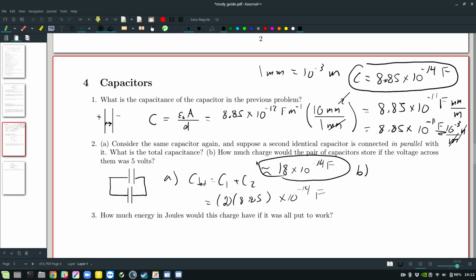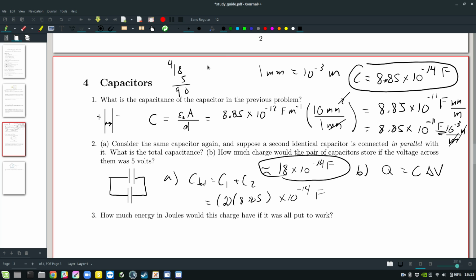For part B, how much charge would the pair of capacitors store if the voltage across them was 5 volts? So the charge is given by Q equals C delta V. So C total times delta V, well, you're just going to multiply by 5 volts. 18 times 5 is what? 5 times 8 is 40. 5 times 1 is 5, plus 4 is 9. 90.